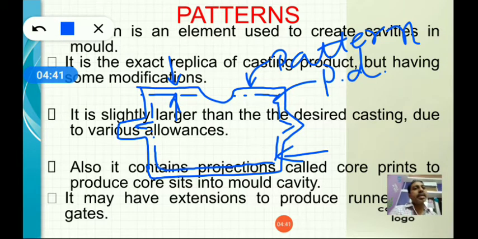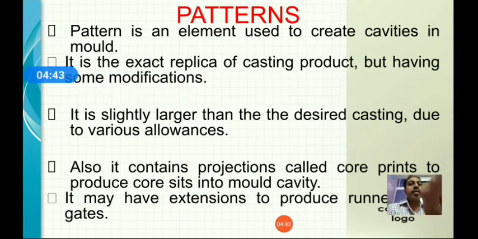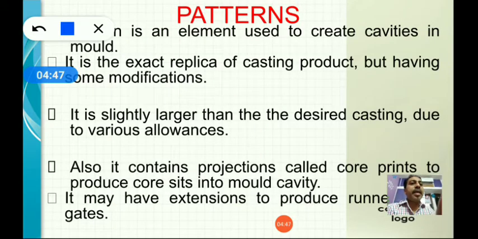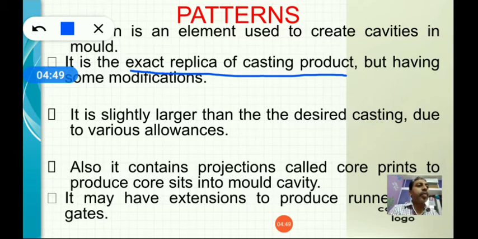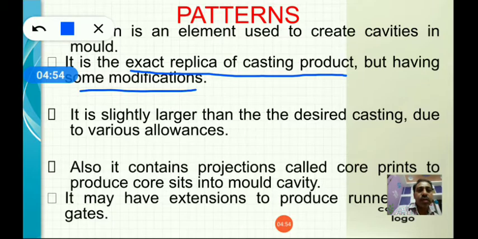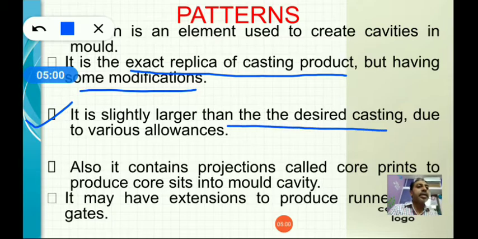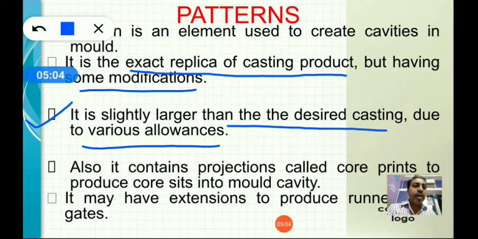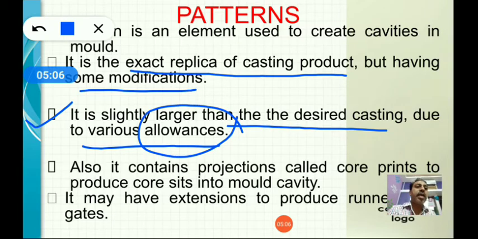So the pattern is the exact replica of the casting product, but with some modification in the form of allowances, making it slightly larger than the desired casting. Why allowances are needed and which allowances there are, we will discuss in the next lectures.